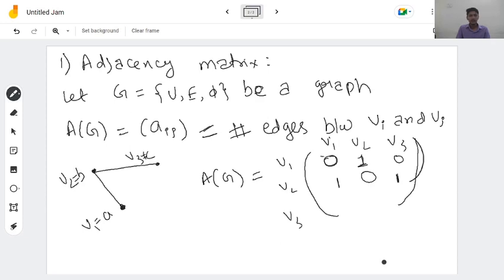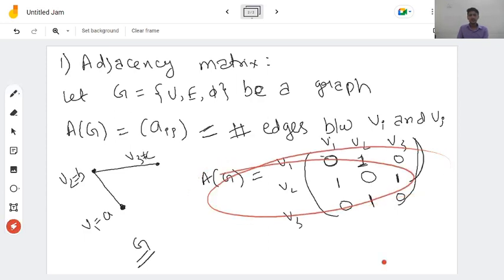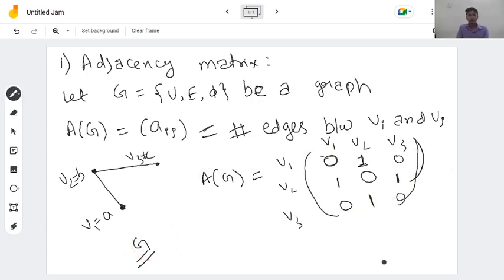Here the number of edges between V3 and V1 is 0, between V3 and V2 is 1, and between V3 and V3 is 0. So this will be the adjacency matrix of this graph G. So now you know how to make an adjacency matrix.